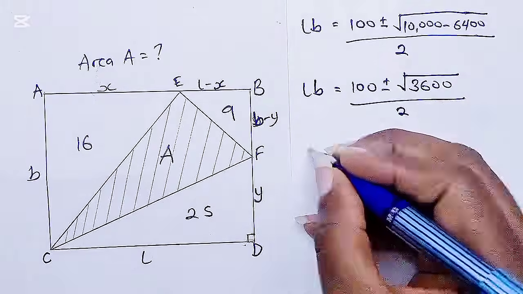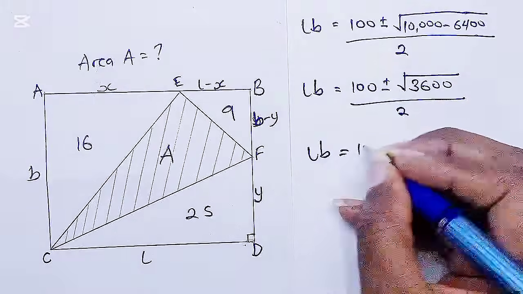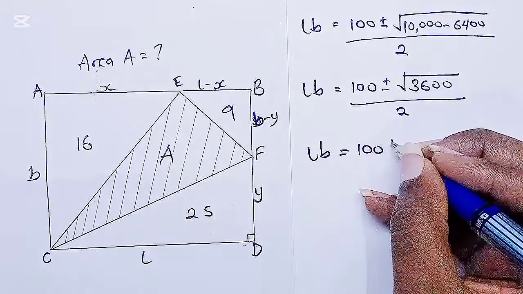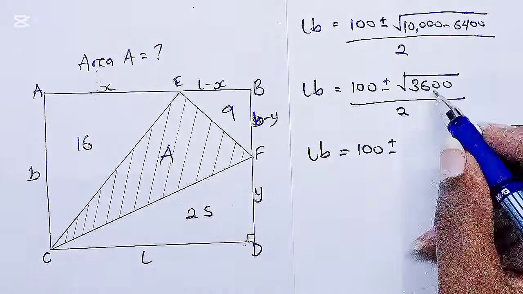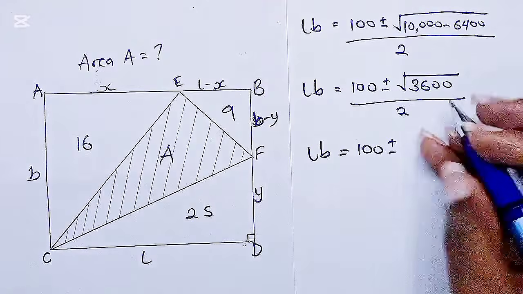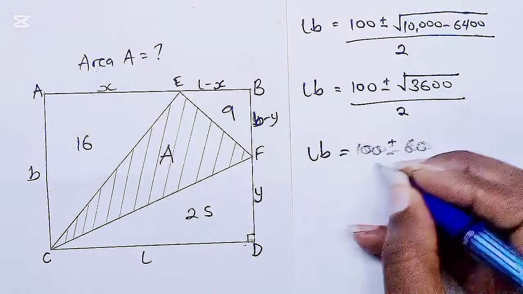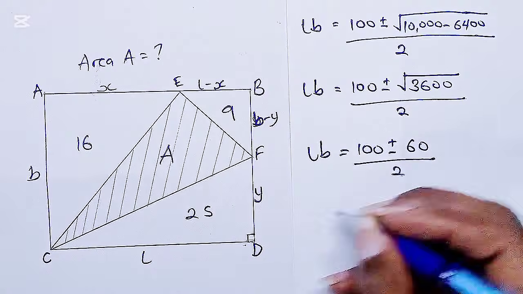LB is equal to 100 plus or minus the square root of 3,600, which is 60, over 2.